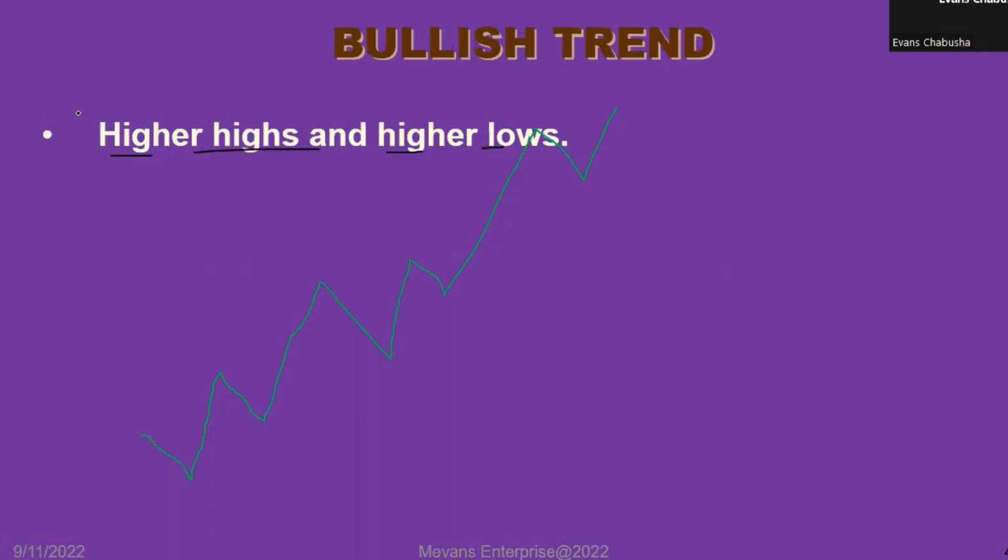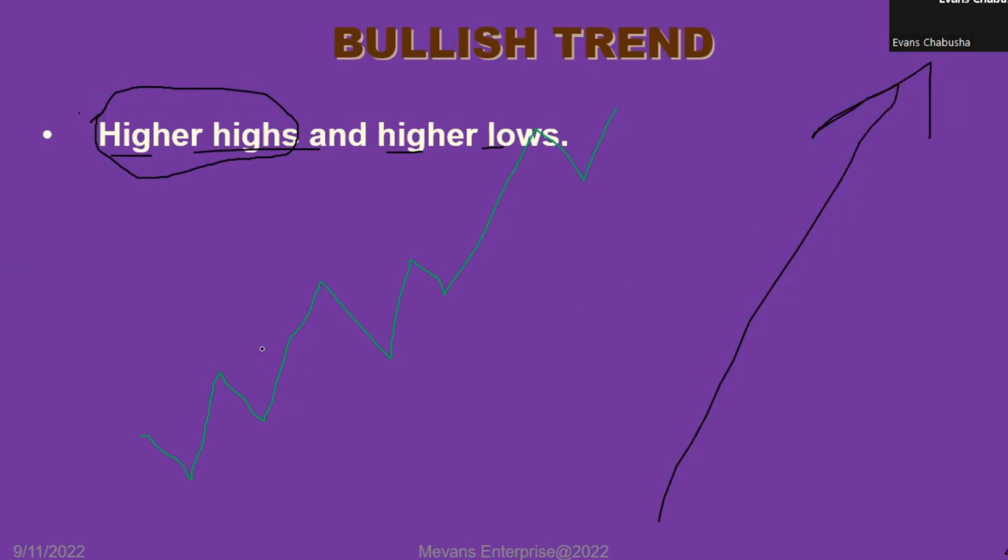Okay, so we are going to start with the higher highs. What does this mean? A bullish trend will give you higher highs. If you look at what I've drawn here, remember in Forex, the market does not move in a straight line. You will never find a market that will just shoot upward. It will always make pullbacks and confuse a lot of people. No wonder a lot of people lose a lot of money if they don't understand how price is moving.